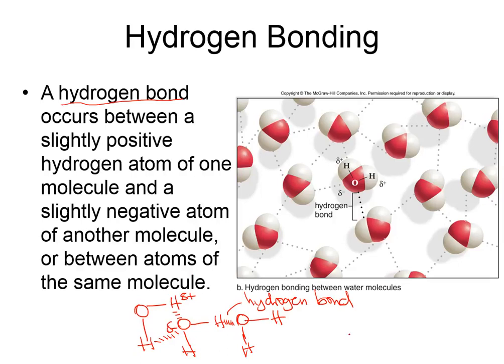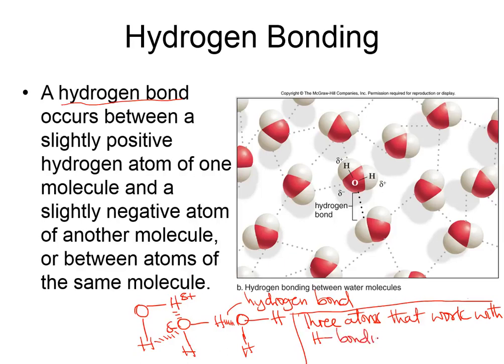There are 3 atoms that work with hydrogen bonding. So I'll write down the 3 atoms. Oxygen. When a slightly positive hydrogen interacts with oxygen, they'll form a hydrogen bond.